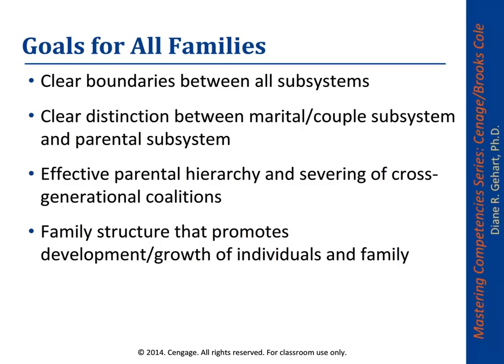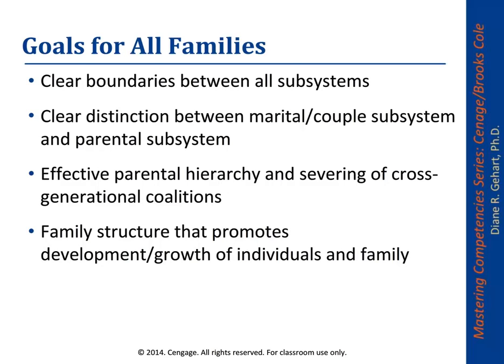And in cases where there is divorce and remarriage, I always tell my families, the parental relationship actually goes forward. You still have to figure out how to co-parent together in some way, even though the marital subsystem is ending. So that can also be a place where it's useful to make that distinction.